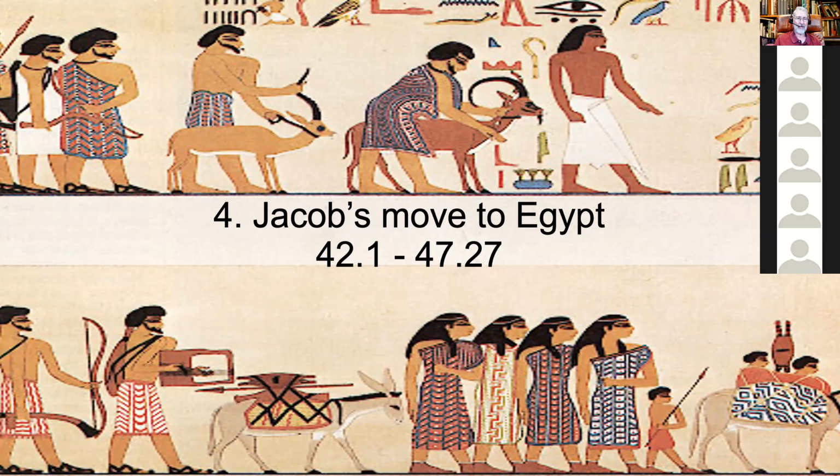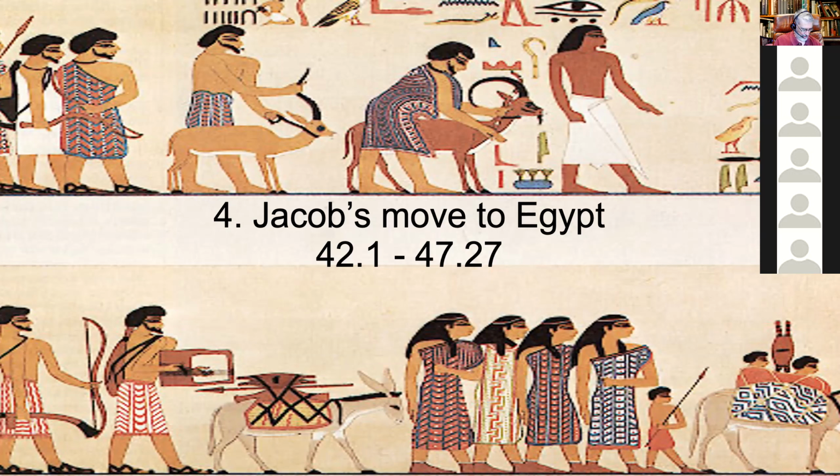Eventually, Jacob is convinced that it's time to move down to Egypt. A variety of interactions take place here. I find them interesting, but there's a lot of detail here that I'm not going to take time to show you.